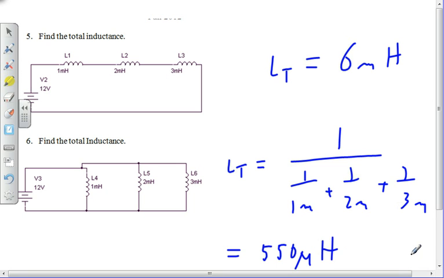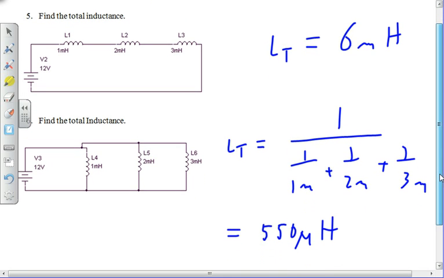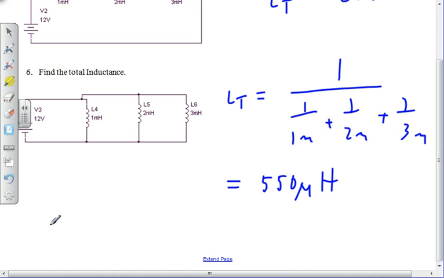You should put the formulas on a calculator: 1 plus a half plus a third, then 1 over x. Notice that you have to get the right units, because this is milli, this is going to be a fractional thing, it's going to be in micro.